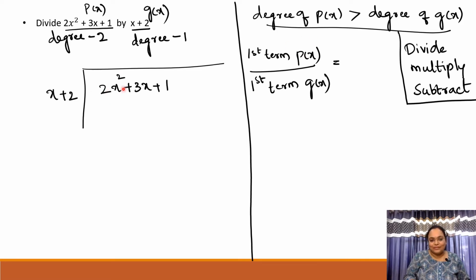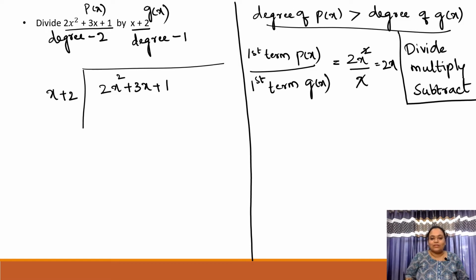So what is the first term of p of x? That is 2x square, and the first term of g of x is x. So 2x square divided by x. x and x get cancelled, which is 2x. So this 2x will be your q, quotient.